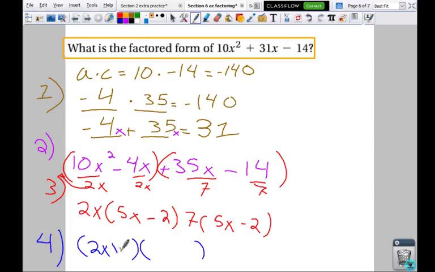We're going to put in a plus 7 because this right here is a positive. That's a positive 7, even though we didn't write the plus. Okay, and then my second parenthesis, Caleb, what am I going to put in the second parenthesis? Yep, 5x minus 2. And that's it. That's our final answer.